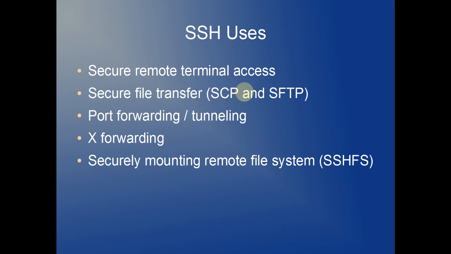And you can do that with any port. You can do that with FTP. You can do that with port 80 for web. You can do it with web proxies. Basically any communication you want to encrypt.